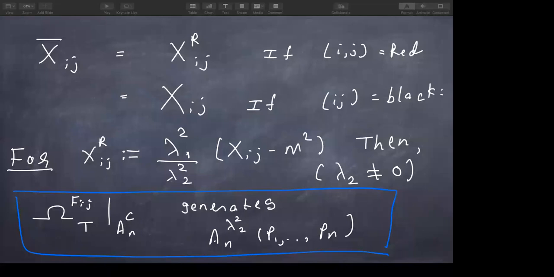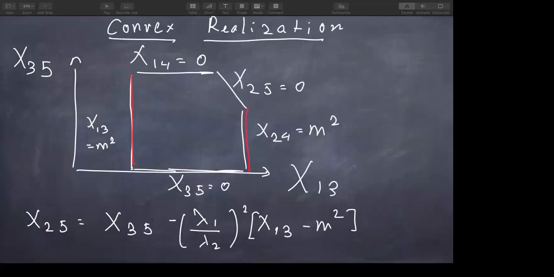But the interesting thing is that in the realization we obtain now, the slopes of all the faces, the normals, are not just discrete, because as you can see with this labeling of XRij, X25 has this linear combination. You can immediately see that if m was 0 and lambda1 and lambda2 were equal, then this equation would be X25 equal to X35 minus X13.